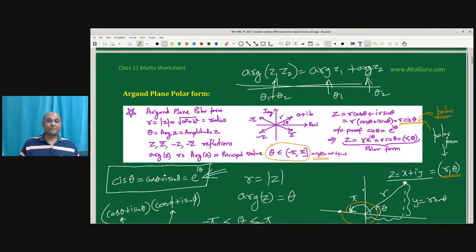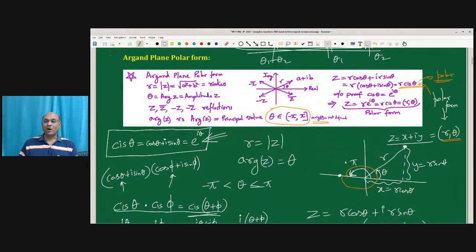Need not be the principal angle. Principal angle means you should only count between minus pi and plus pi. But if you just say small arg, you could have gone around two or three times and then arrived here. So I could have said 2 pi plus theta, 4 pi plus theta. These are all arguments. But only this angle theta between minus pi and plus pi, that is capital Arg. That means principal value.